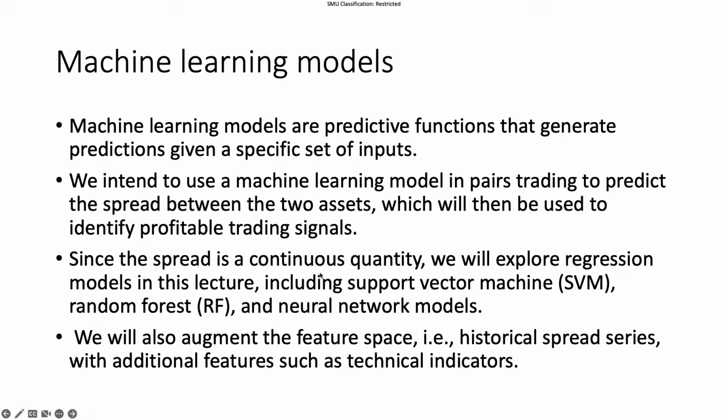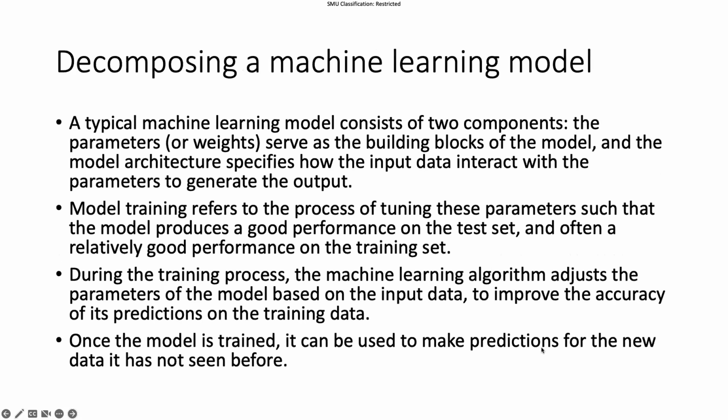Because the spread is a continuous quantity, we're going to explore mainly the task of regression. Regression means that the target outcome is a continuous variable, and we're going to explore using three algorithms. One is a support vector machine, one is random forest, and another one is a neural network. We're also going to explore augmenting the feature space, which is also called feature engineering, using the historical time series.